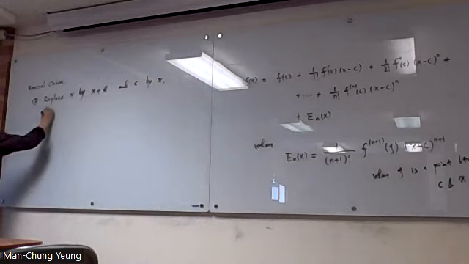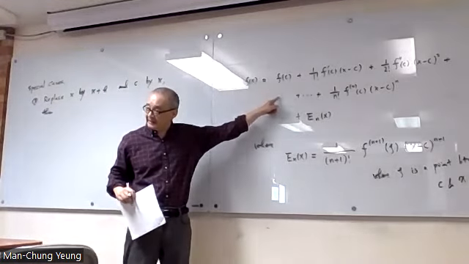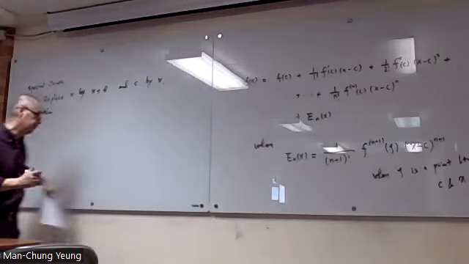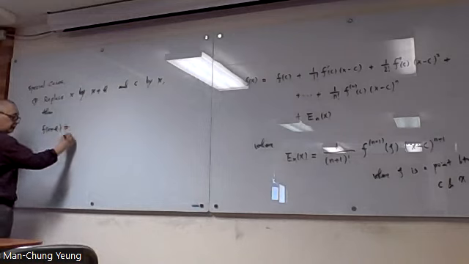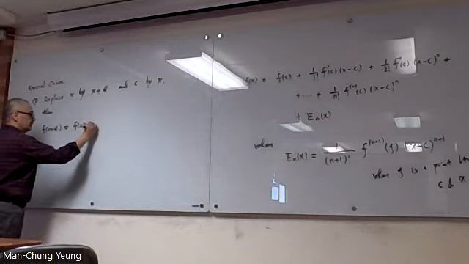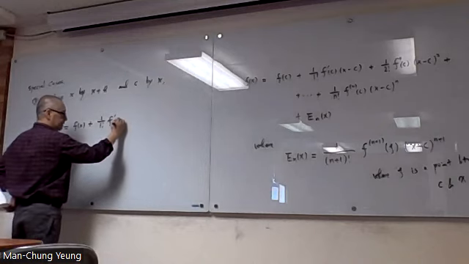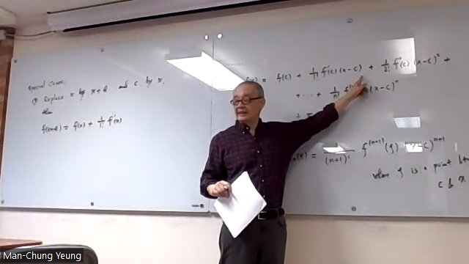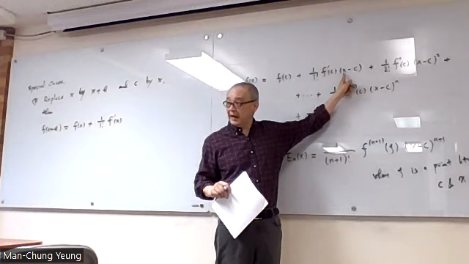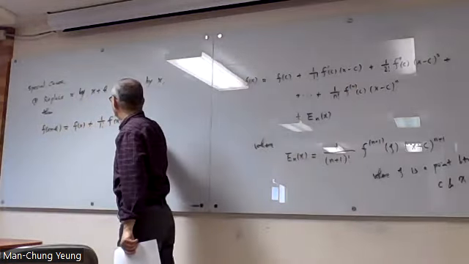Then we have the following equation again. Replacing x by x plus h and c by x, we have f(x plus h) is equal to f(x) plus, now x minus c: x is now x plus h and c is x, so this is h.